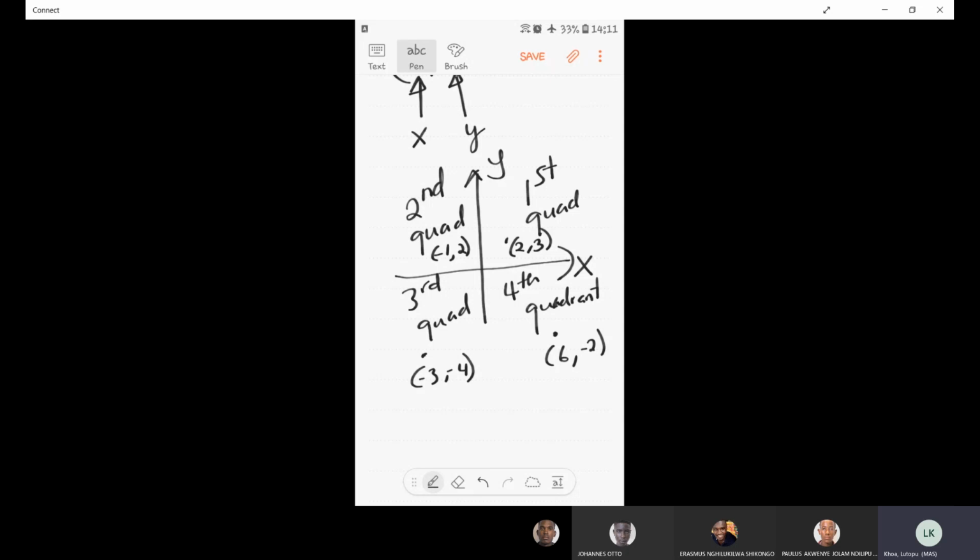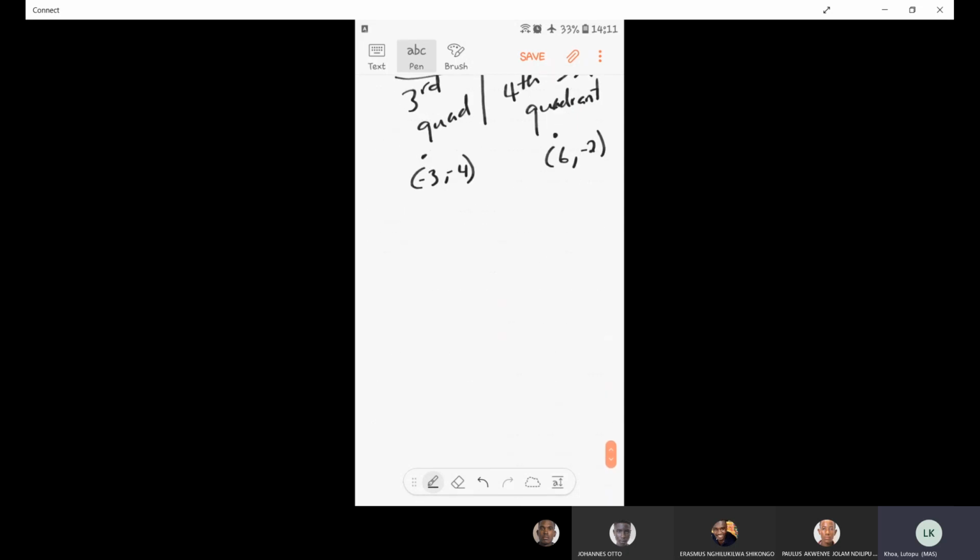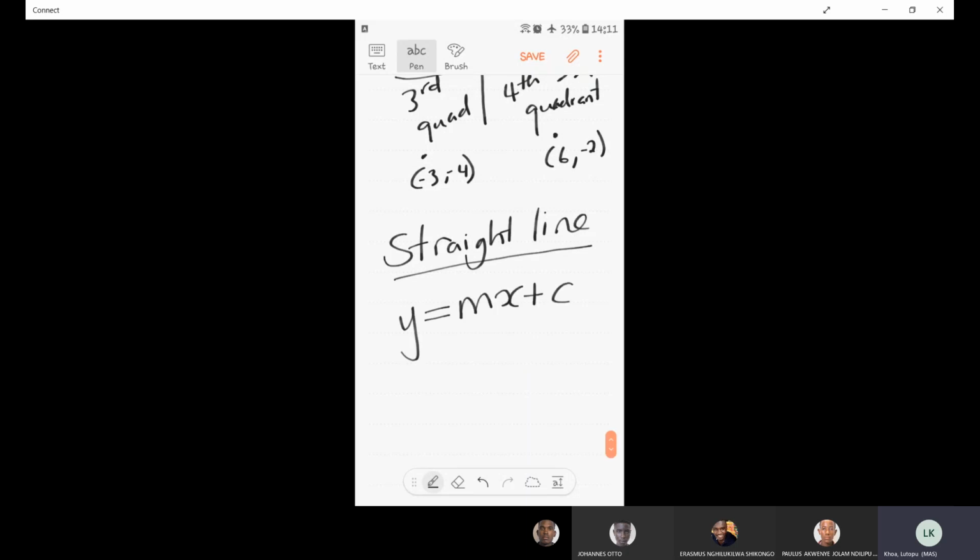Okay, then the very first graph we look at is the straight line. Now in standard form, the straight line is written as y is equal to mx plus c. So this m over here, this is your gradient.